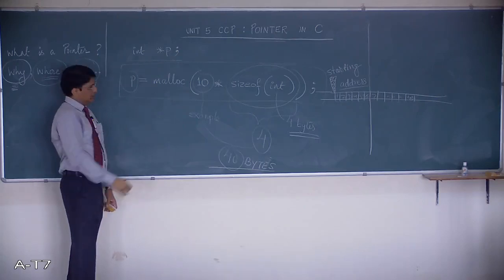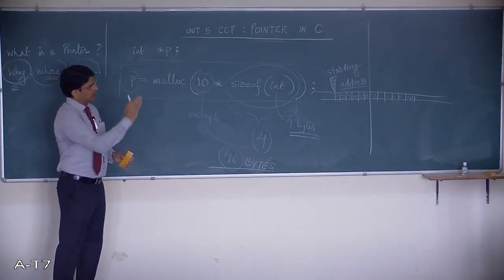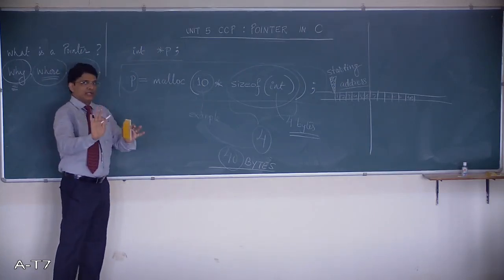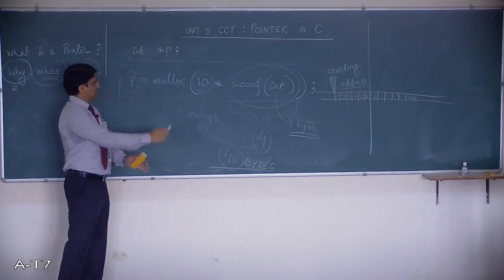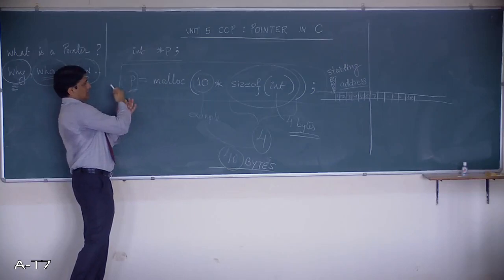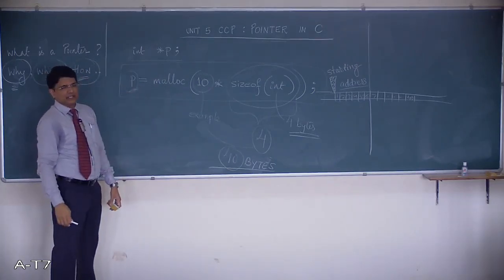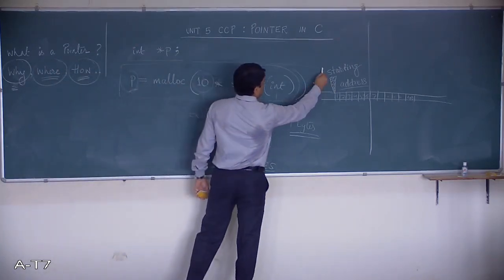What is stored in p after the statement is executed? We understood what malloc does. Malloc is memory allocation. Sizeof int is 4 bytes, you specified 10, 10 into 4, 40 bytes. So allocate 40 bytes in the memory, but what comes into p? What is assigned into p? Take a guess. Yes, you are right.